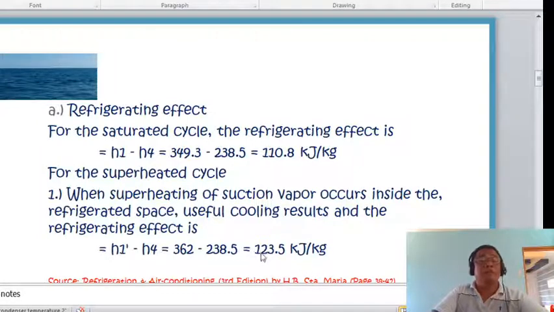Take note, class, that in superheating the suction vapor, the refrigerating effect increases, because the distance from the original condition to the final condition increases. So, it increases the refrigerating effect.